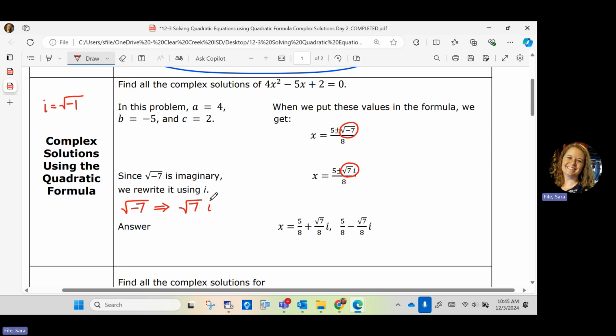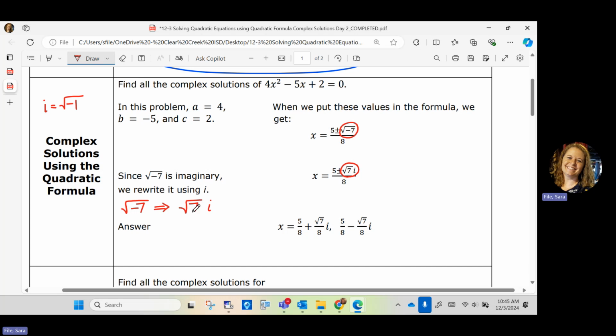Pay close attention to the fact that this i is not under the radical. I was just helping a student in Cat Tracks with her homework, and she said, I typed this in, I don't know what's wrong. She had it written correctly on her paper, but she was getting it wrong in Delta Math because she typed the square root of 7i, with the i under the radical, and that's why it was wrong.